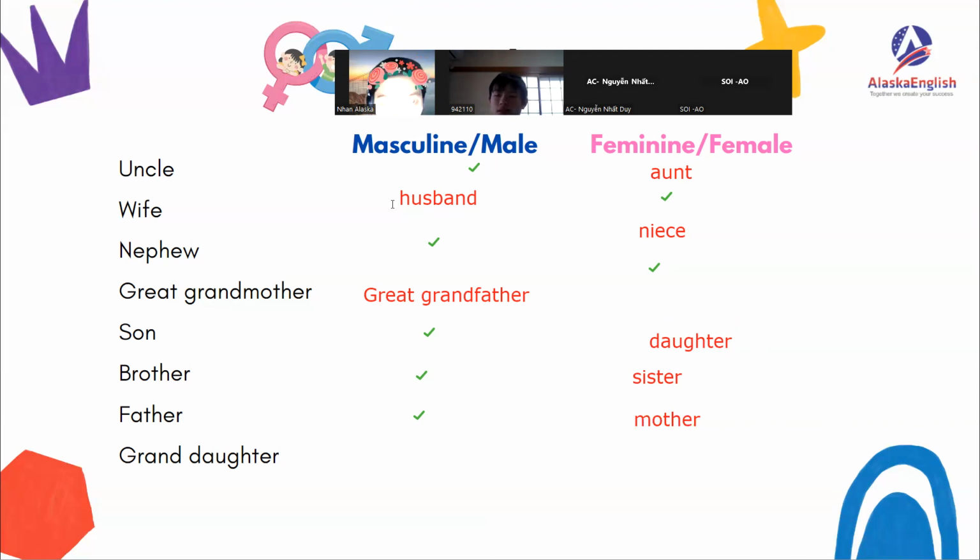Female, right? What do you think is the opposite of granddaughter? What is the opposite of daughter? Grand.